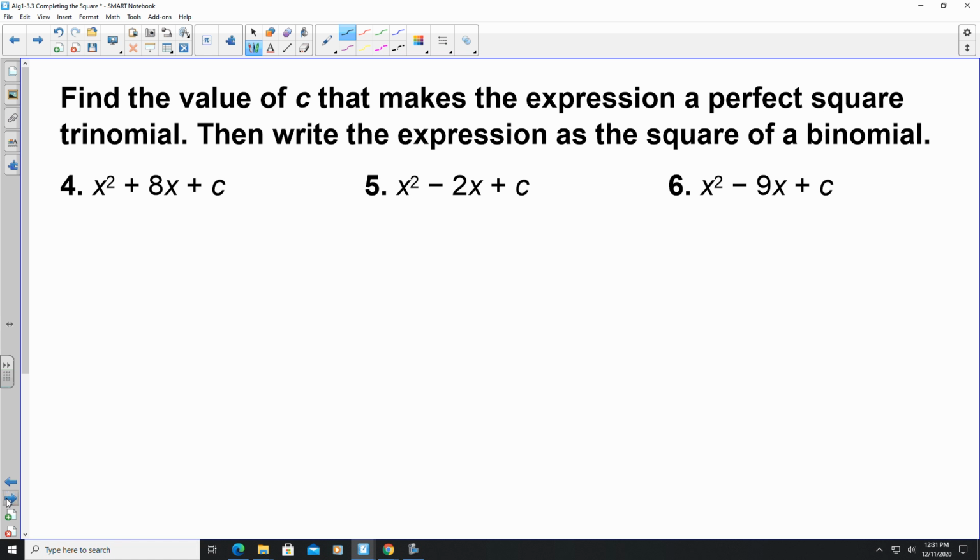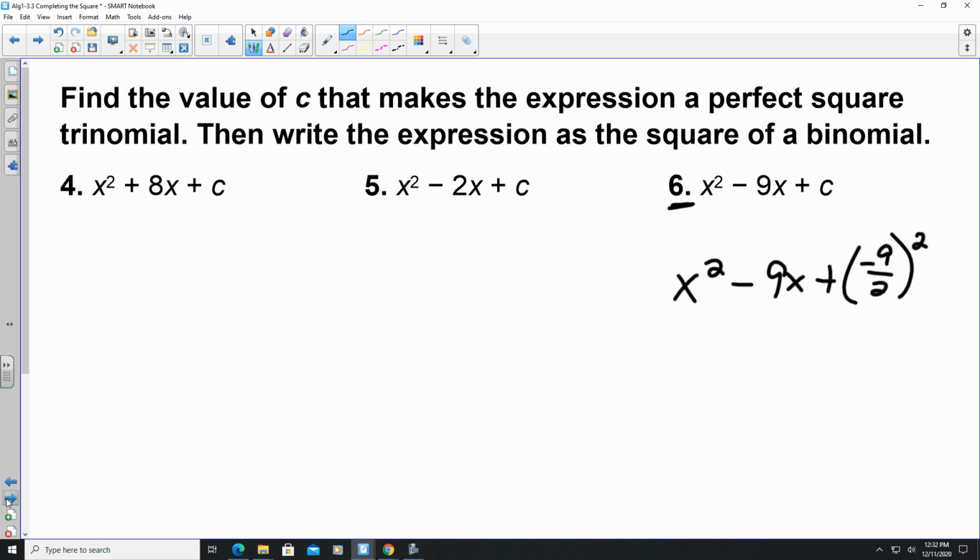So 4, 5, and 6 are the same directions as that last example. Let's take a look at number 6 because it's got a minus and it'll have some decimals. To make c, this one is x squared minus 9x plus negative 9 divided by 2 squared. Negative 9 divided by 2 is negative 4.5.